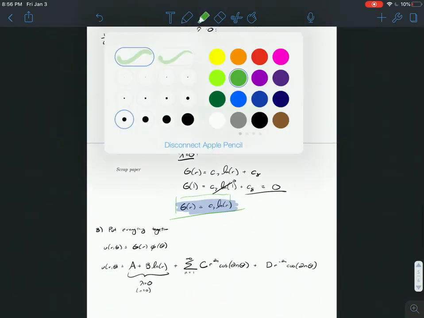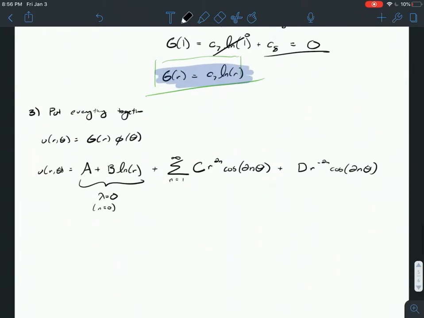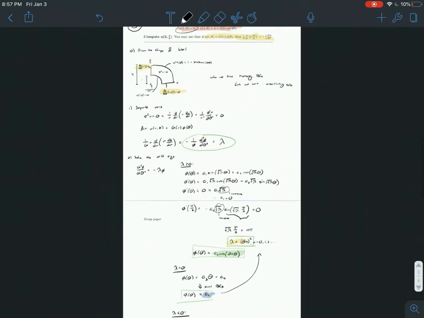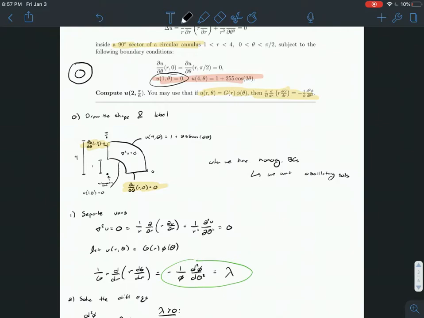Okay? And remember that we found in this highlighted area right here that the coefficients attached to r to the 2n and then r to the negative 2n share this relationship. And that relationship carries down to the values for c and d as well. So in this problem right here, c is equal to negative d and vice versa. All I have done is redefine the coefficients attached to them. Okay, so now let's apply the boundary condition, the non-homogeneous boundary condition we were given.